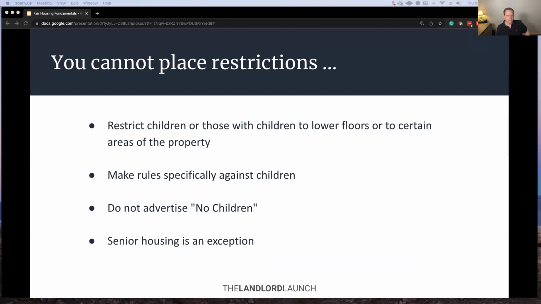Of course, obviously, you can't advertise with no children. You can't have a no children place, with the exception, of course, like we talked about before, of the senior housing exception. That is carved out to provide a community where senior citizens can enjoy a community that does not have children running around and disturbing them.